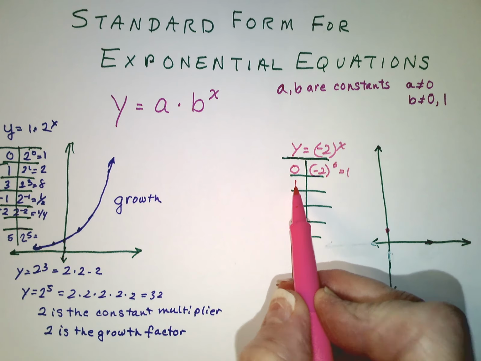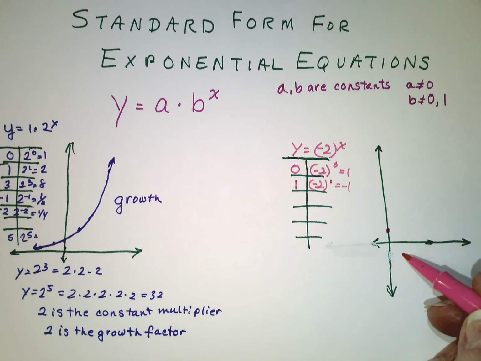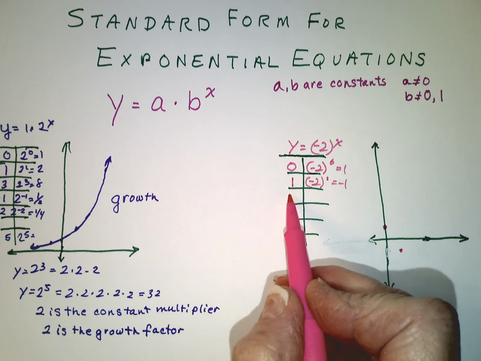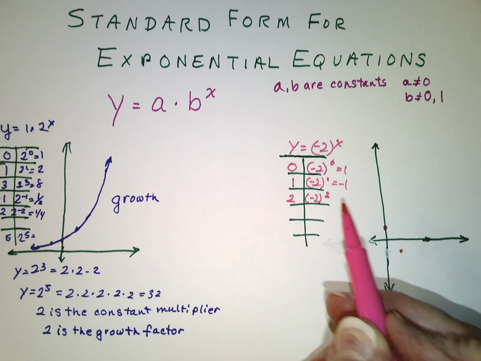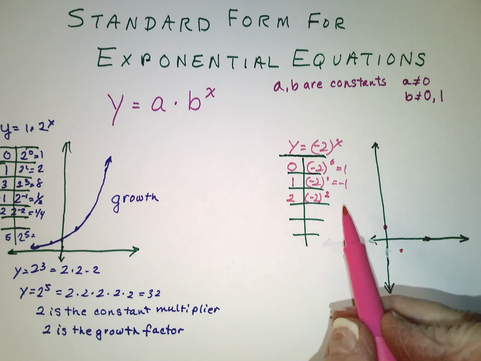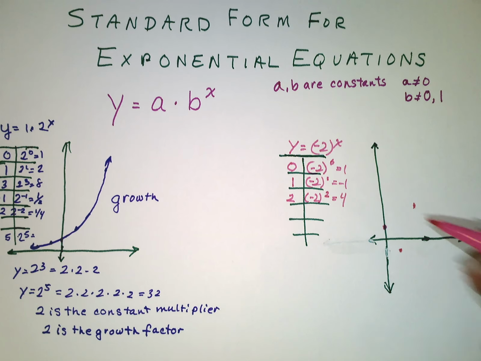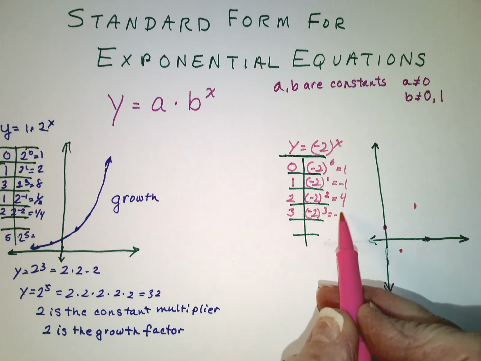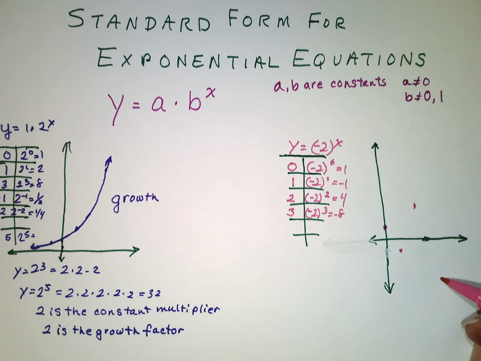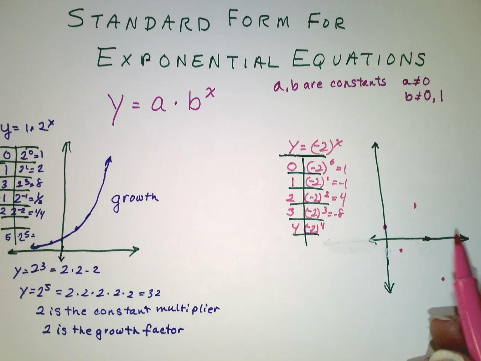If x is 1, -2 to the first power is -1. If x is 2, -2 to the second power is +4. If x is 3, we'd be taking -2 to the third power. If x is 4, we'd be taking the fourth power on -2, which is +16.